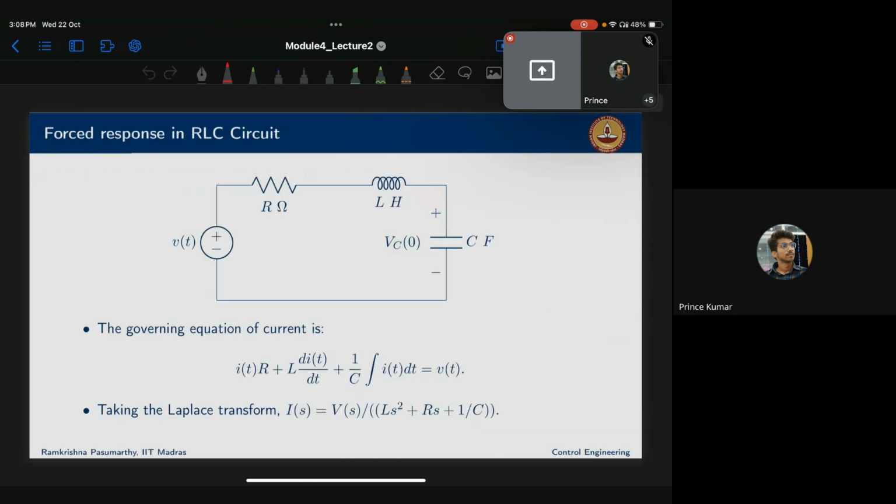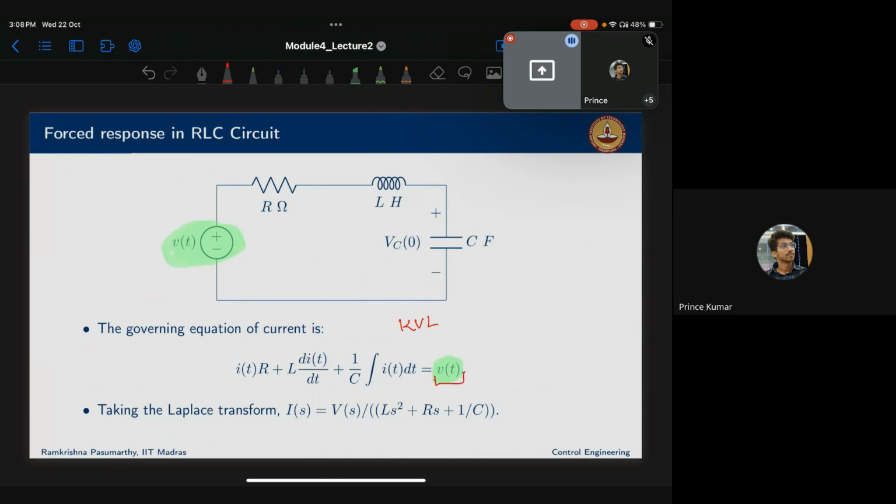Similarly, consider the forced response. It means that for the same circuit, you add a source V of t, and if you apply the KVL, the equation would be the same, but you get this new term V of t.